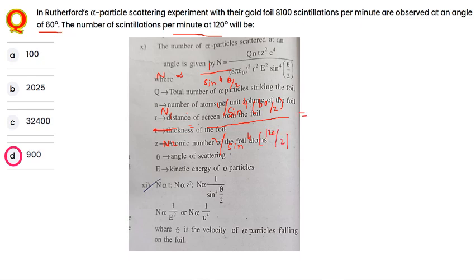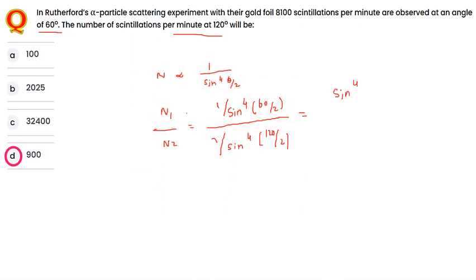Now I substitute and take it over here. What you are going to have is sine power 4 of 120 by 2, and the next one is sine power 4 of 60 by 2. 120 by 2 here is 60, and 60 by 2 here is 30.